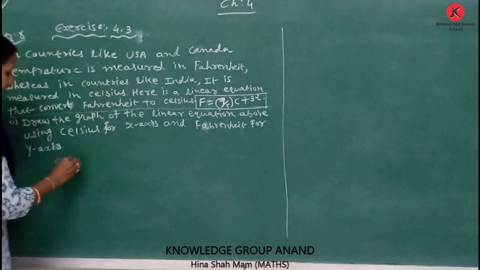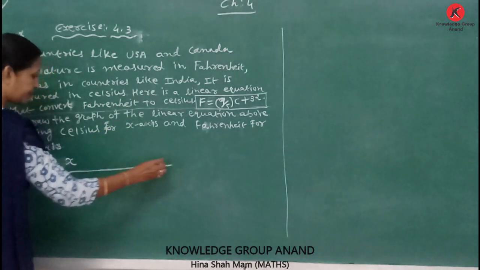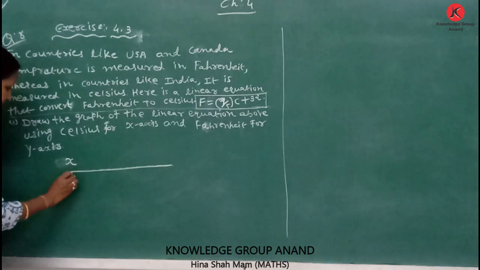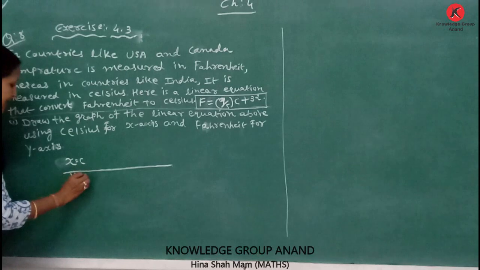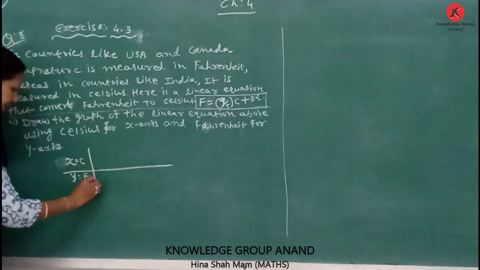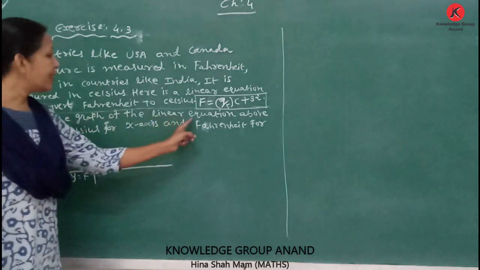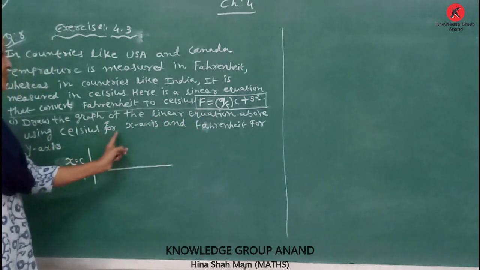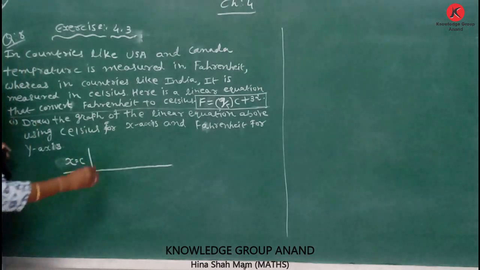Find first x and y. X is equal to C Celsius and y is equal to F.